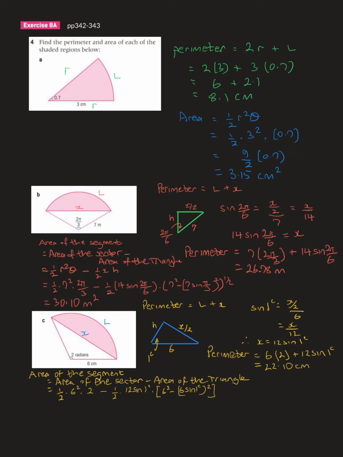All of that is to the half. So that equals 36 minus 6 sine of 1 radian times 36 minus 36 sine of 1 radian squared, all to the half. That equals 19.63 centimeters squared.